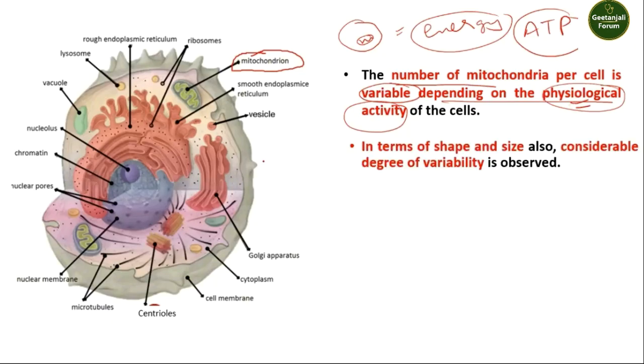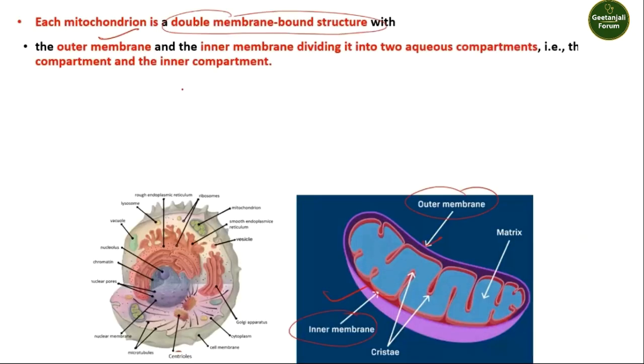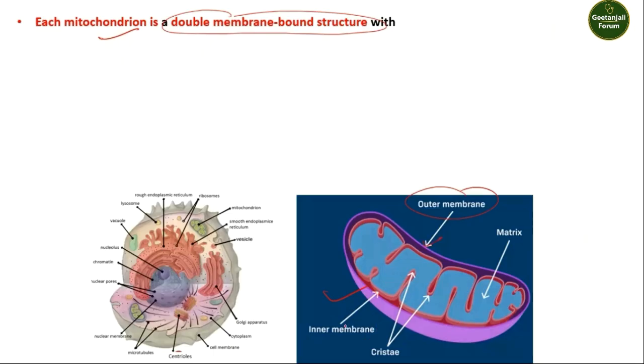Now the mitochondria's shape and size vary in different types of cells. Typically a mitochondria's shape is sausage shape or cylindrical shape like this. Its diameter is 0.2 to 1 micrometer, with an average diameter of 0.5 micrometer. Length can vary between 1 to 4.1 micrometer. Mitochondria have a double membrane structure, one is the outer membrane and then the inner membrane.